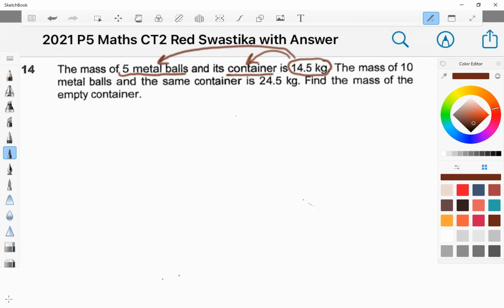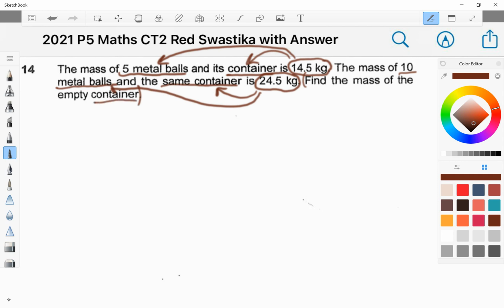Followed by 10 metal balls, same container, but this time round it is 24.5 kilograms. Likewise, I will do my annotation properly because it will help me to better understand the question, which hopefully will get me to the correct answer. So the question wants us to find the mass of the empty container.